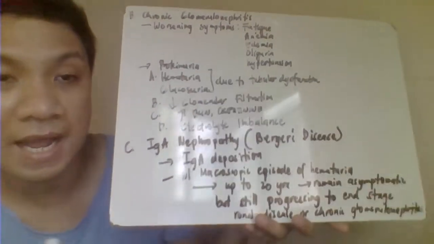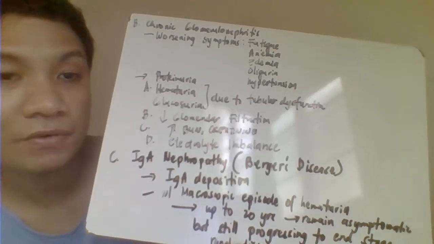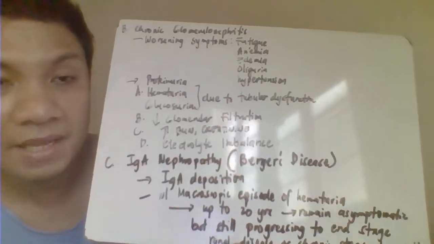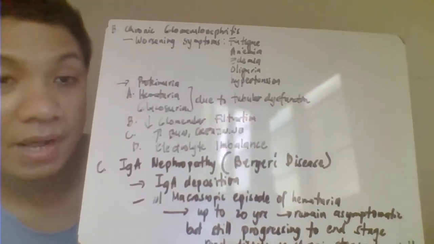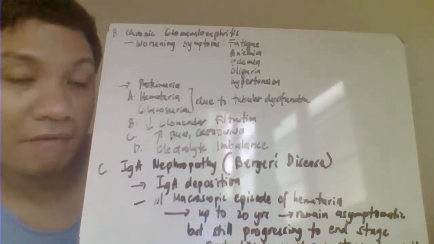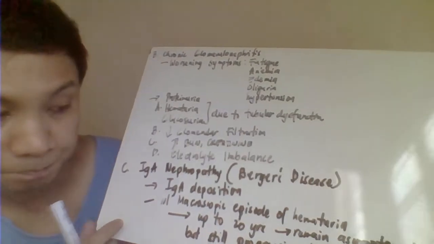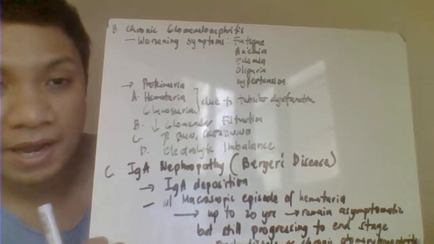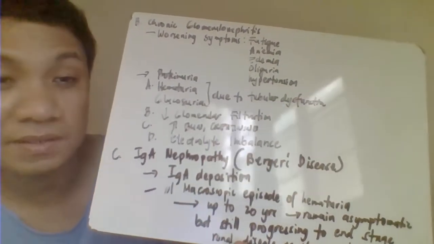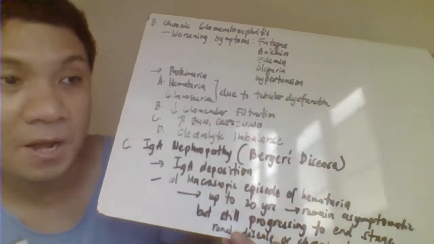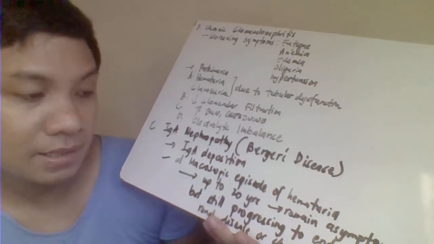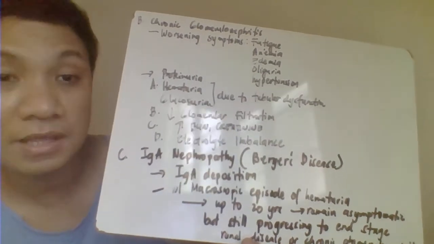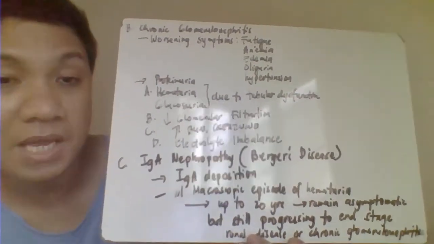However, if it is not given attention and not fully treated, even if it seems the patient has no signs and symptoms, this disease is still progressing to become chronic glomerulonephritis or even nephrotic syndrome or even end-stage renal disease. So, even if you feel the patient has no illness because there are no signs and symptoms, not unless you perform urinalysis every now and then, you will see blood in the urine of the patient.